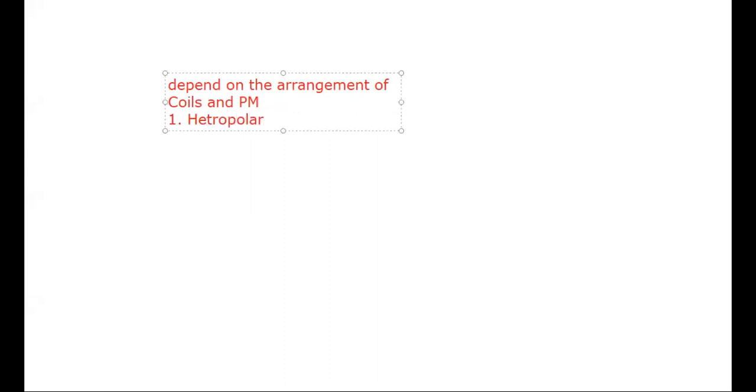Depending on the arrangement of coils and permanent magnet, it is classified into two types. One is heteropolar and the second one is homopolar.